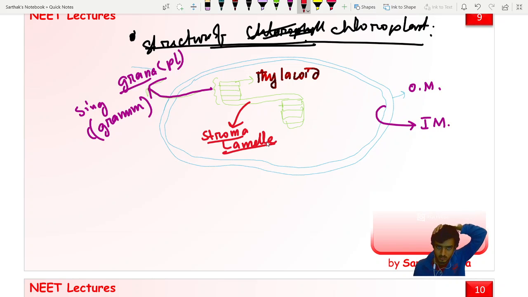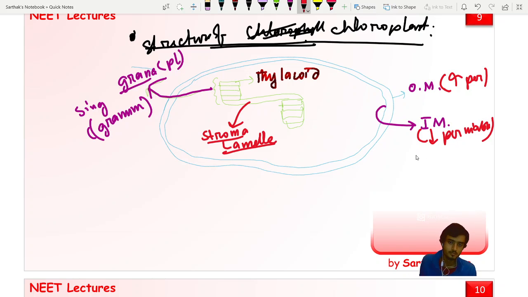Okay, so basically what we have learned is that in the chloroplast there is an outer membrane which is more permeable, and the inner membrane which is less permeable.